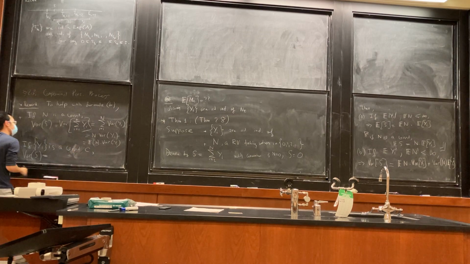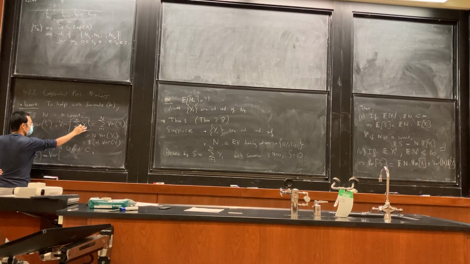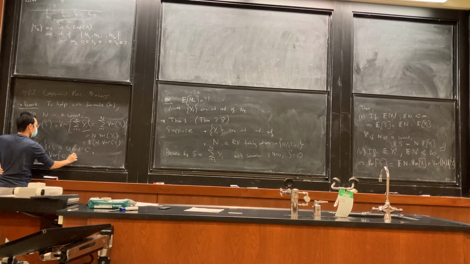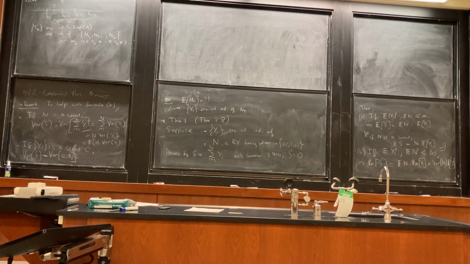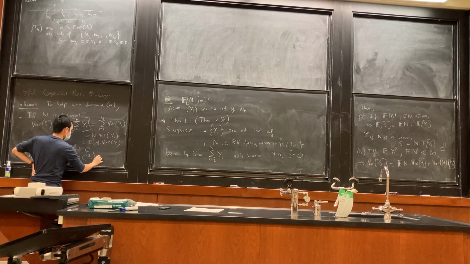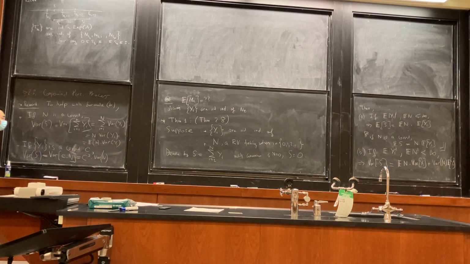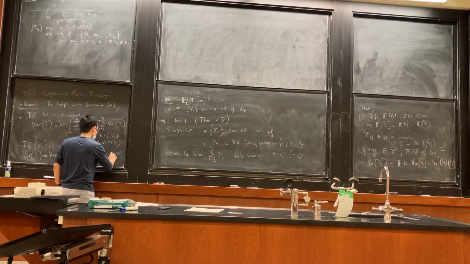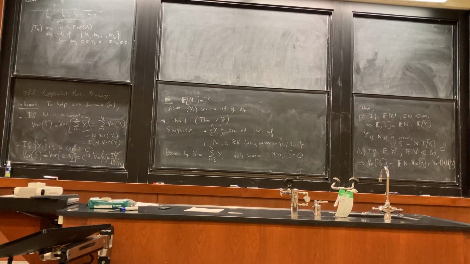Then the variance of S is the variance of c times N, and according to the formula that is c squared times the variance of N. And c squared is basically expected value of Y_i squared, multiplied with the variance of N. So that gives you the second term on the right hand side.